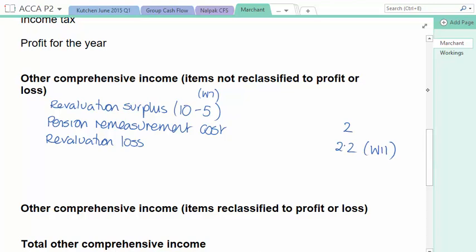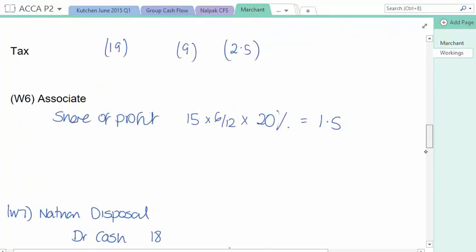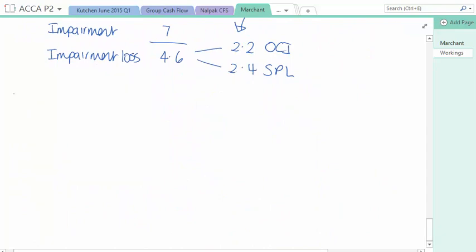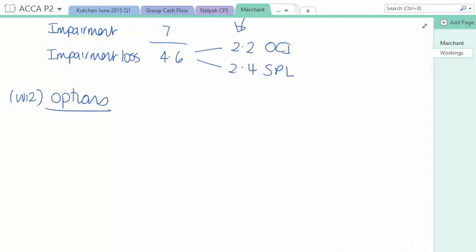Item 7 or 8 or whatever it is, is share options. Again, nothing to do with groups. So long as we can remember our rules in respect of options, what we can say here, we've awarded 8,000 options to 7 directors. There's a 3-year vesting period.